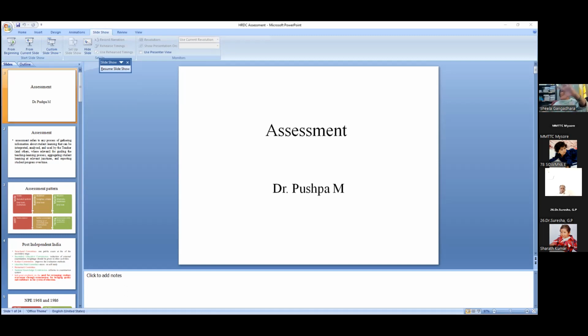So the National Curriculum Framework serves as a guideline for syllabus, textbooks, teaching practices, and assessment of learning. It provides guidelines for how to assess the learning.